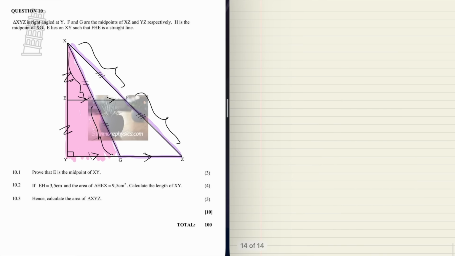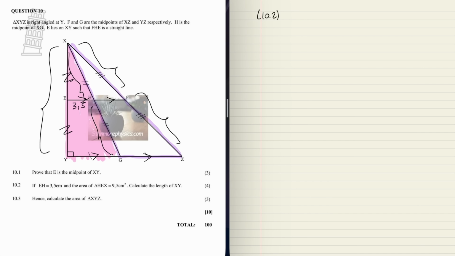Now take a look at question 10.2. Question says, if EH is 3.5 centimeters, so if that's 3.5, and the area of triangle HEX is equal to 9.5 centimeters squared, calculate the length of XY. So XY is this entire length right there.